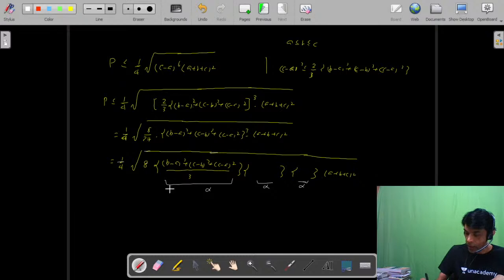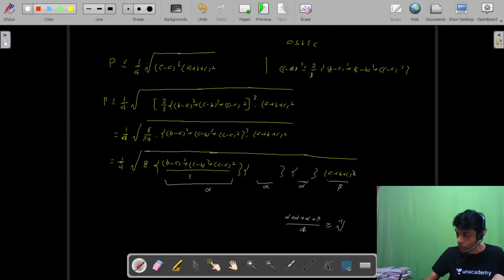Now I am applying again this form, that this whole thing is beta. So I will write (alpha plus alpha plus alpha plus beta) over 4, this is greater than or equal to the 4th root of alpha cubed times beta. This only is here, we have got beta as whole, right?